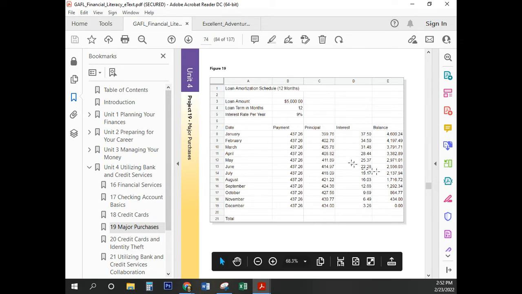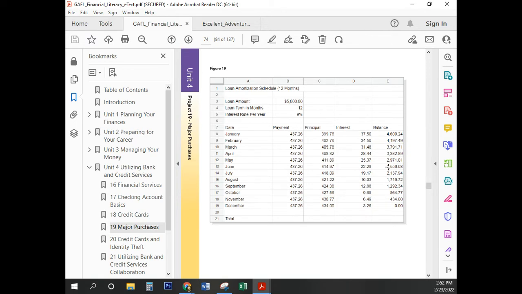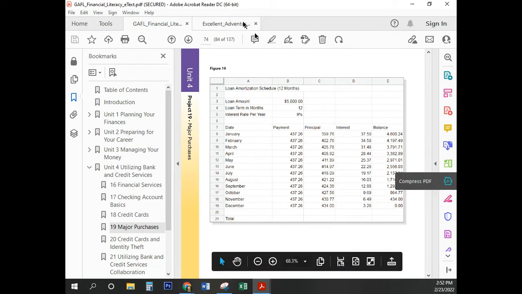I don't want you typing these numbers in because, frankly, they're wrong. I'm going to show you a way that is both faster. It may not feel faster today because it's the first time you've done it, but after you do it a little bit, it is faster and it is significantly easier. And more importantly, it's more accurate. They actually have a mistake in their table, and we'll get to that in just a little while.